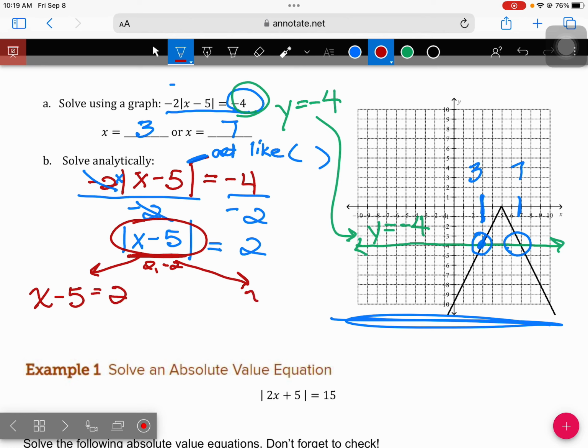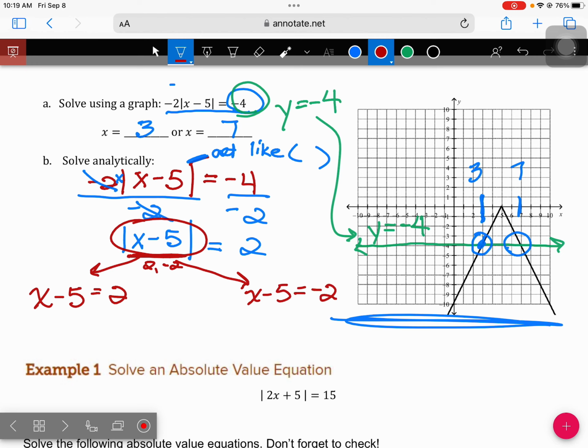And on the other side, x minus 5 is equal to negative 2. Okay? And then we need to solve for x. So you're getting 2 problems for the price of 1 when you do absolute values.